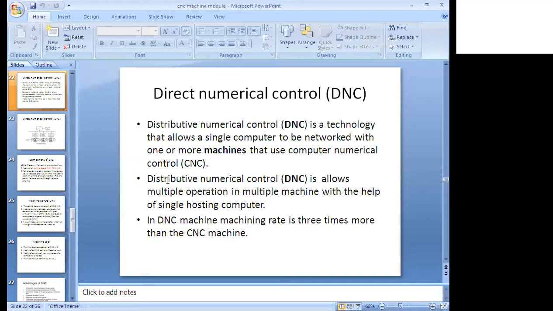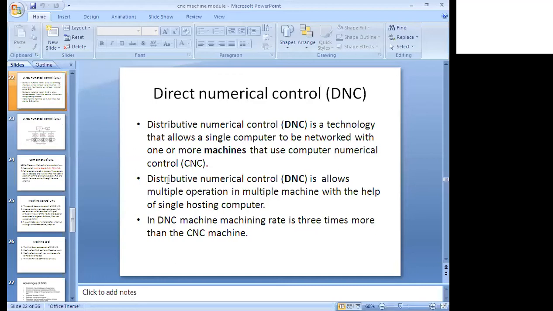It is like setting up a LAN and WAN, local area network and wide area network, where you connect one computer to another. Like that, with the help of one host computer, a central computer, we run multiple machines and multiple operations. This is the second point.